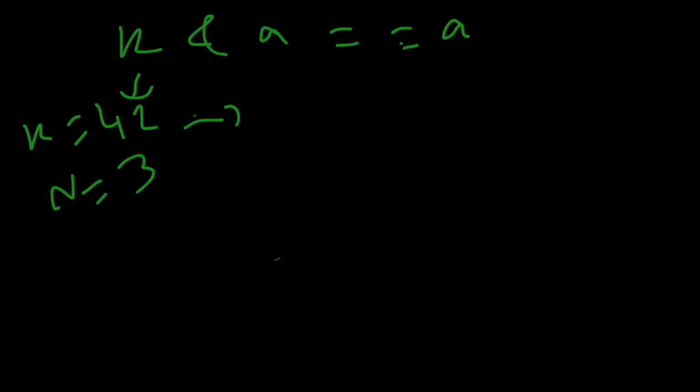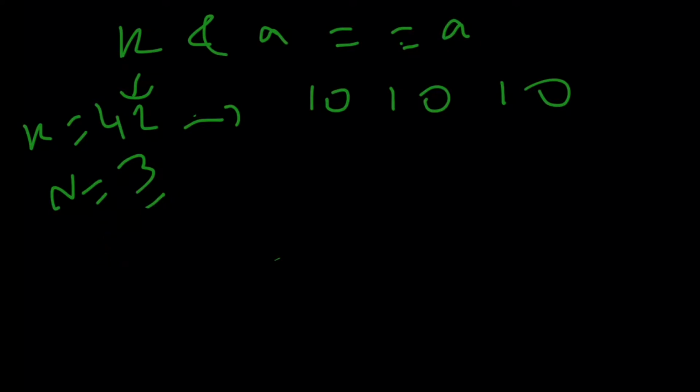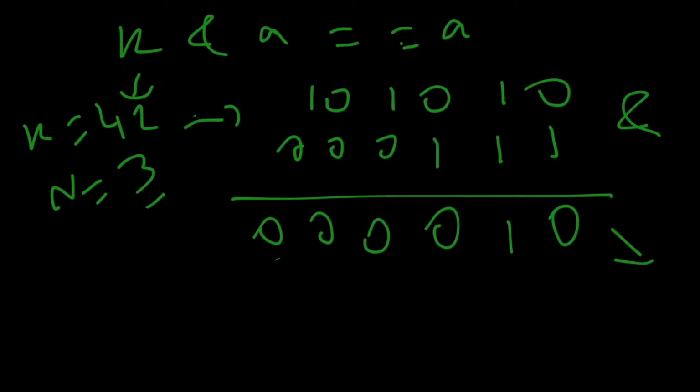So 42 is 1 0 1 0 1 0, and n is 3, so let's have 3 bits set. That means we have 1 1 1. So that will give us, when ANDed, 0 1 0. That means we would get off.